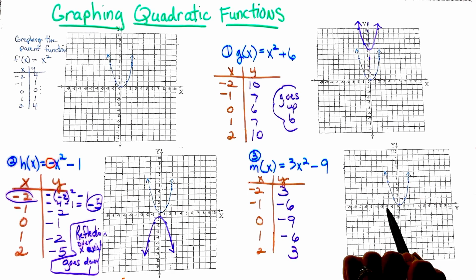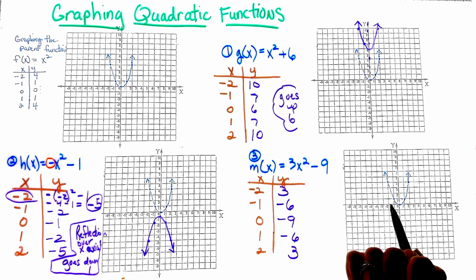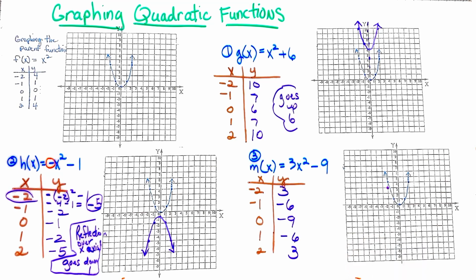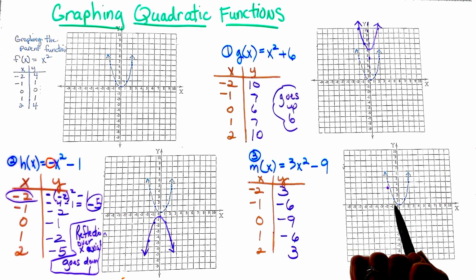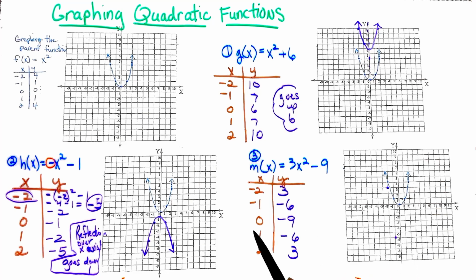If I have a -2, I'm going up 3 for y. 1, 2, 3, and there it is. If I have a -1, I am going to -6. 1, 2, 3, 4, 5, 6. If I have x is 0, our y is -9, which is all the way down here.